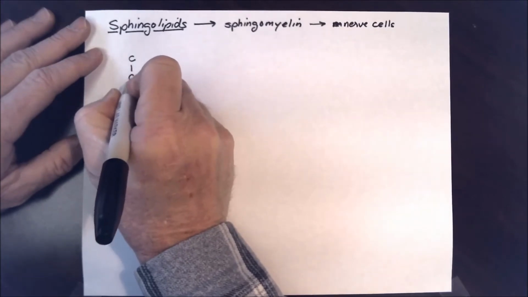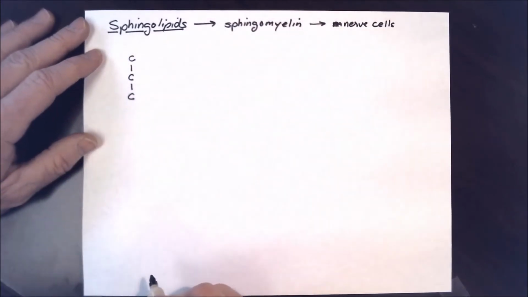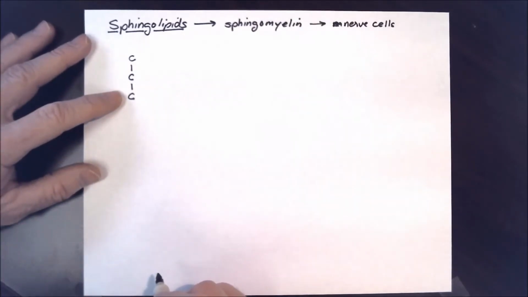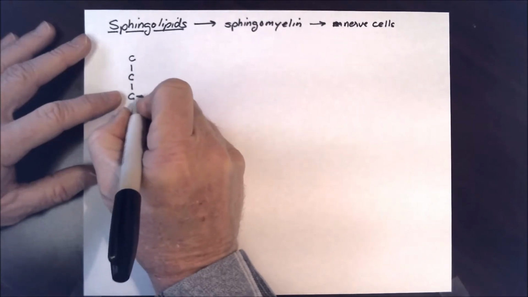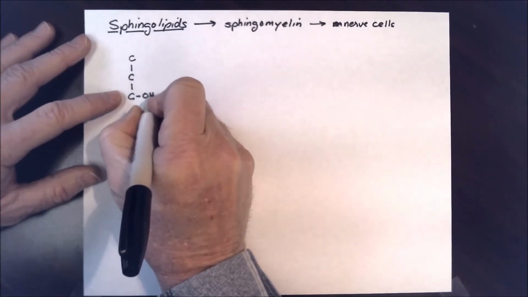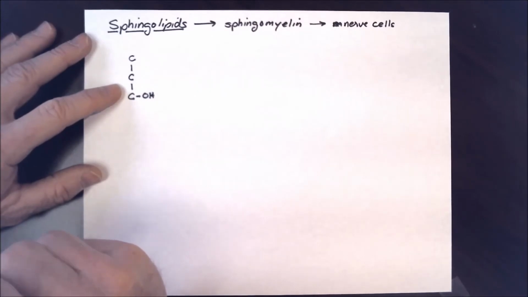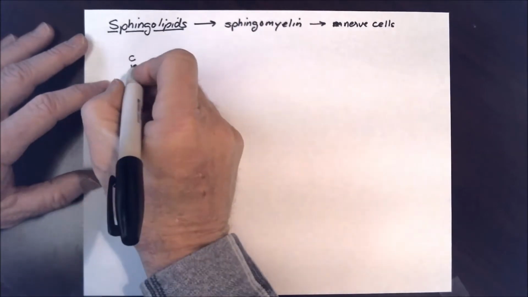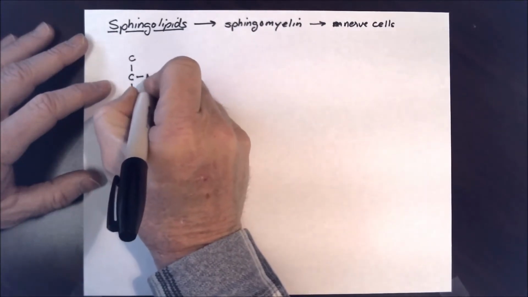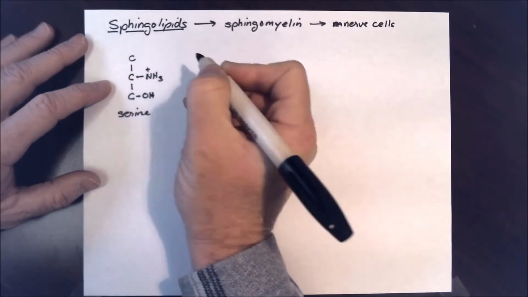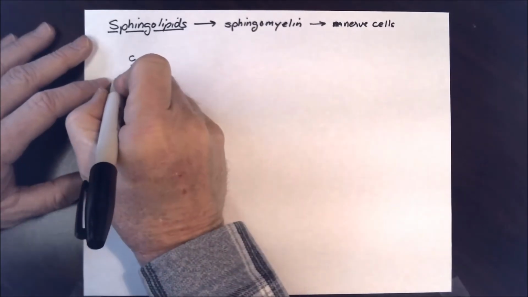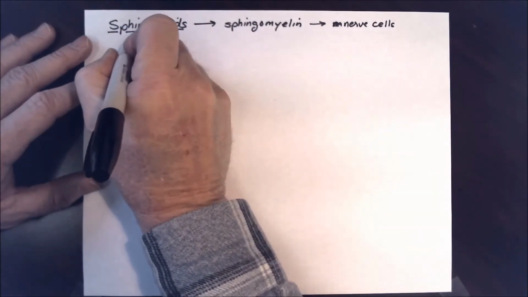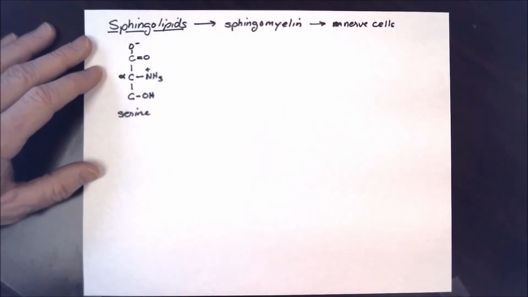So let's start out by drawing one of the substrates for sphingolipid synthesis in a 3-carbon backbone structure. In this way, we will have our side chain of serine, we will have our primary amine of the serine molecule, this being the alpha carbon, and we will have the carboxylic acid.